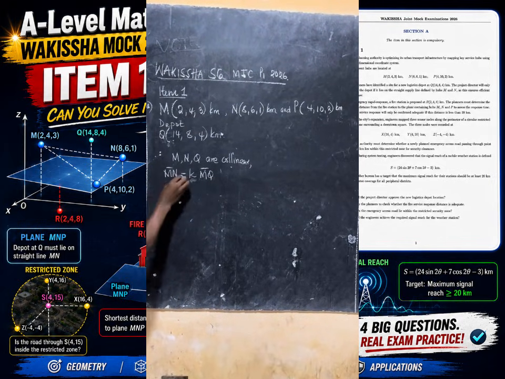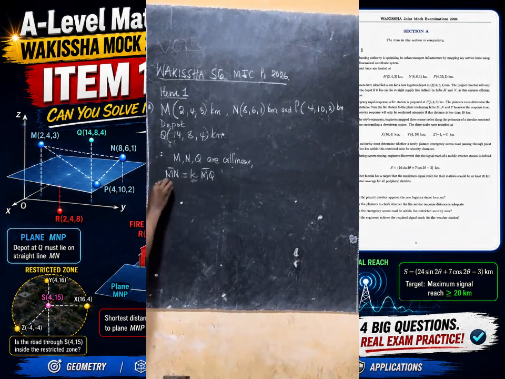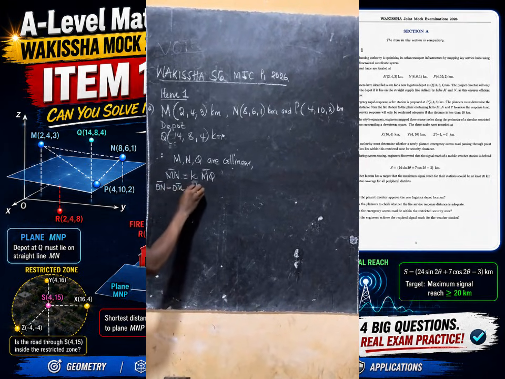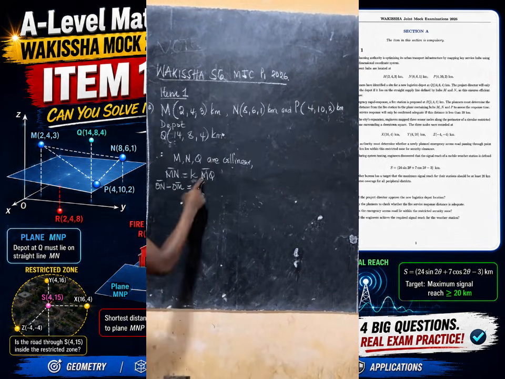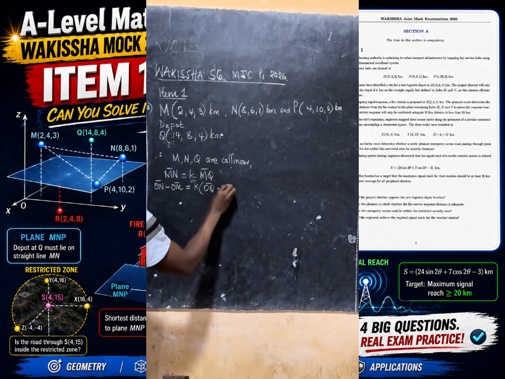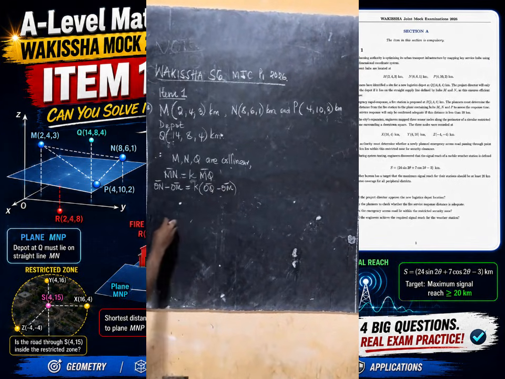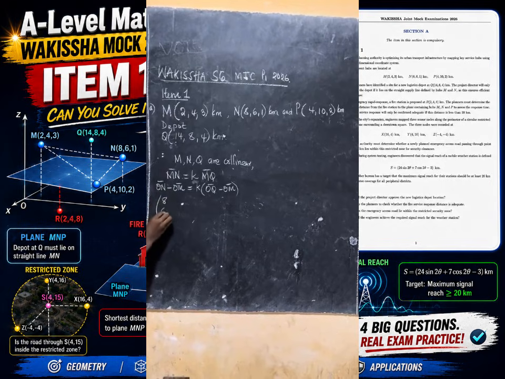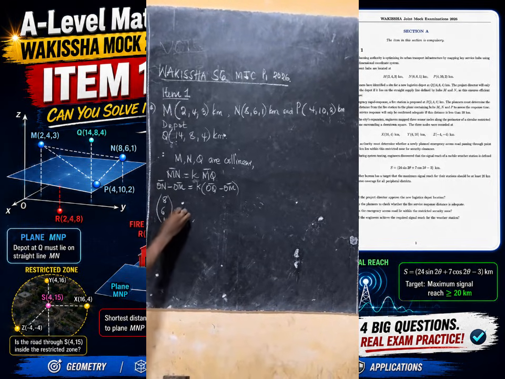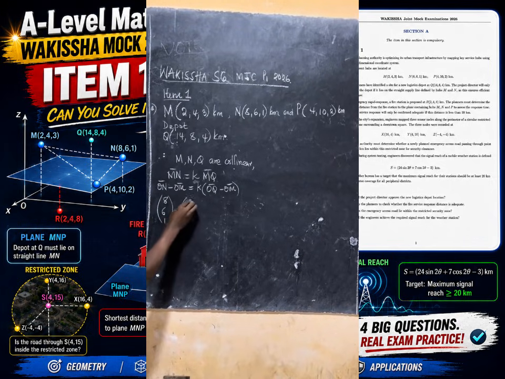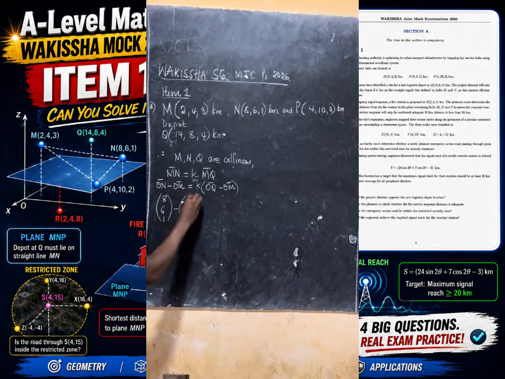MN is the same as ON minus OM, which is equal to our constant times MQ, where MQ is the same as OQ minus OM. ON was given as 8, 6, 1 minus OM, given as 2, 4, 3.